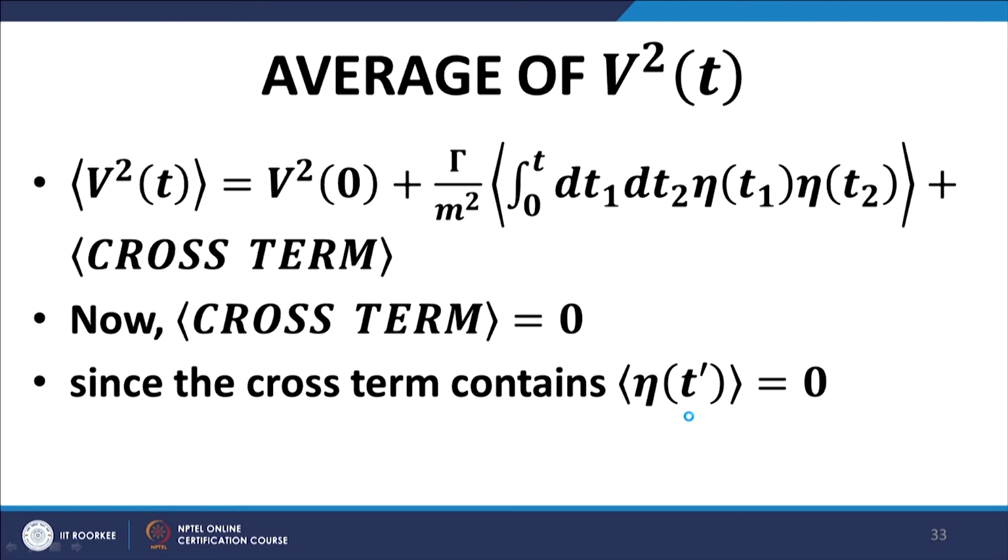When you work out the average, the first term will obviously be v square of 0, the square of the initial velocity, which, being deterministic, is a constant, and therefore averaging over it makes no difference. Now, we have two more terms in this.